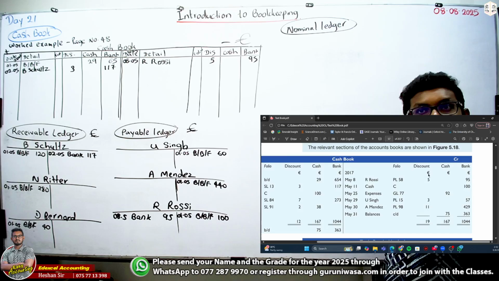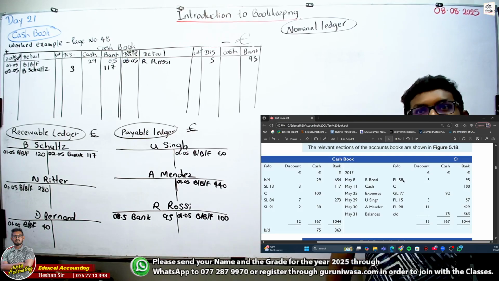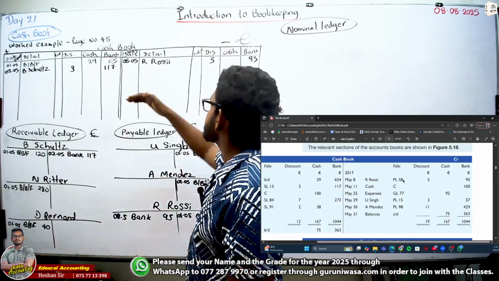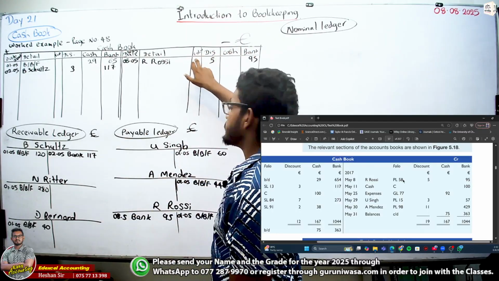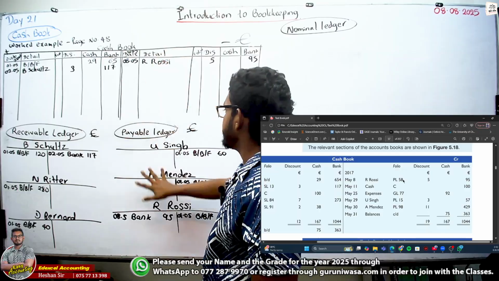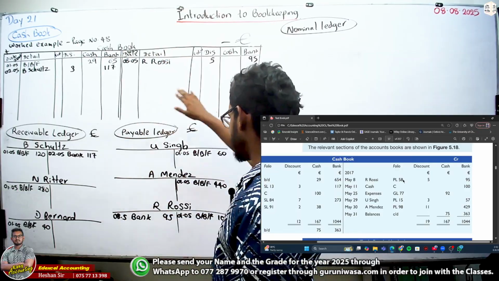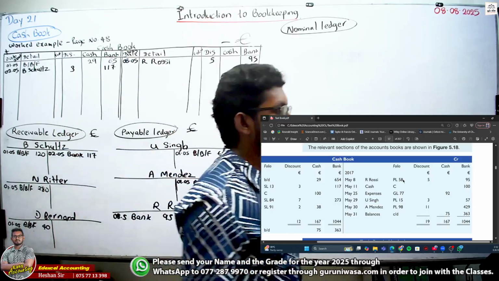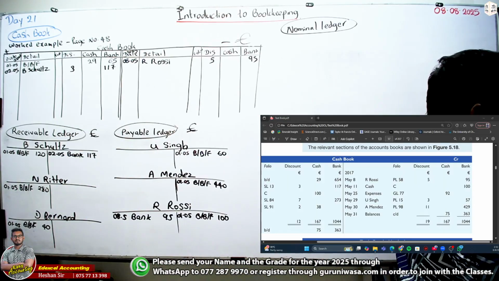You can see in here PL58, which means the debit entry. In the credit side, we write the foil as PL58, meaning debit entry in the payable ledger, in a separate book, page number 58. Easy, clear? Send me a thumbs up, right?